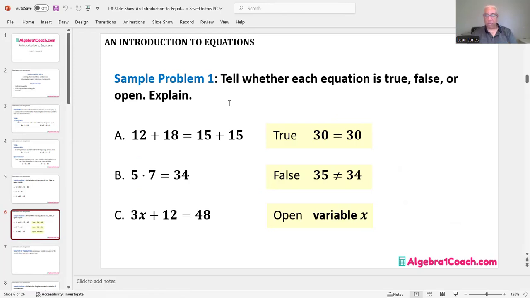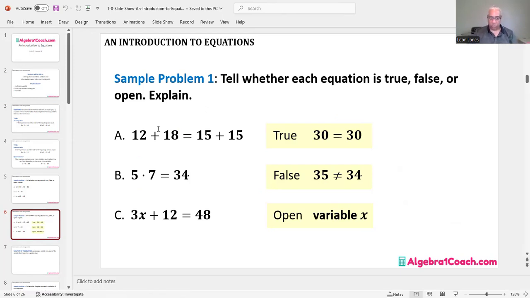You do multiplication, 5 times 7. Again, I explained it to you: 35 does not equal 34. And the variable is x, which makes that equation open. There's something I can do for that x. I already know the answer right off the top of my head, but what can I do to find out the value of x?